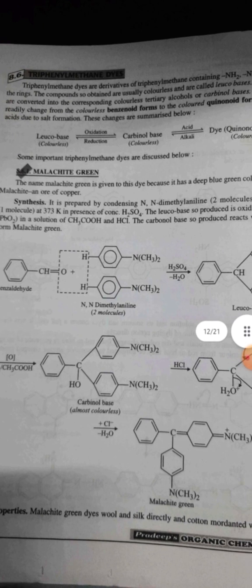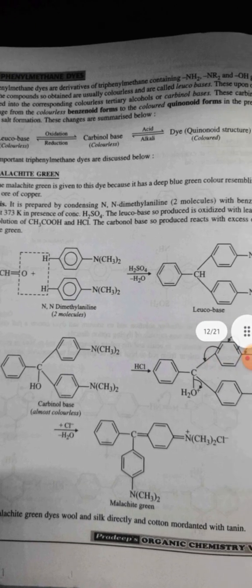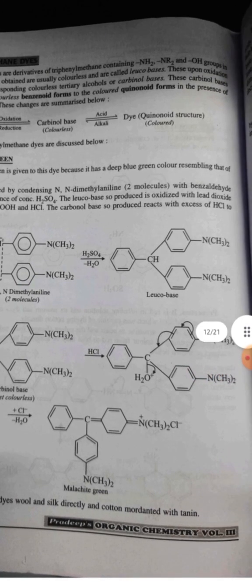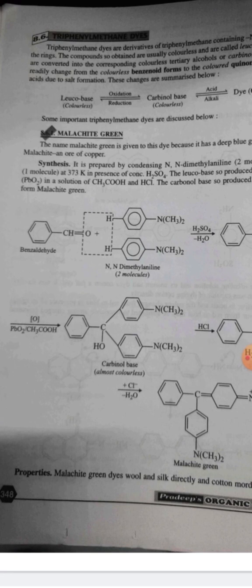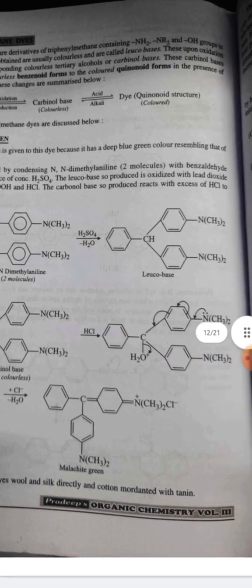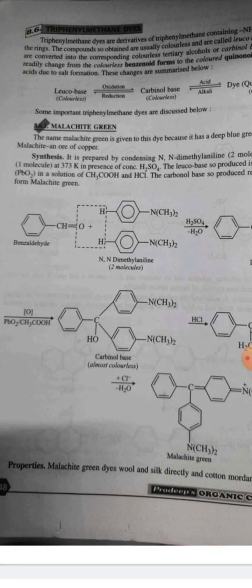Synthesis: it is prepared by condensation of dimethylaniline, 2 molecules, with benzaldehyde, 1 molecule, at 373 Kelvin in the presence of concentrated H2SO4. The leucobase so produced is oxidized with lead dioxide, PbO2, in a solution of CH3COOH and HCl. The carbinol base so produced reacts with excess HCl to form malachite green.